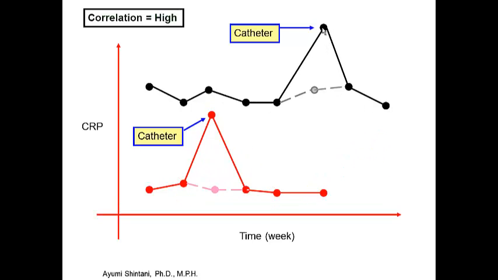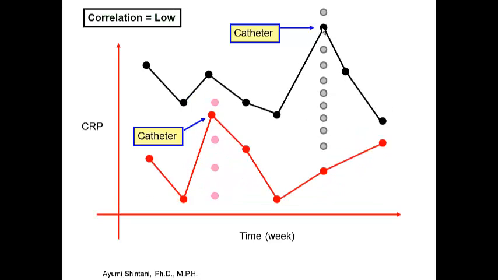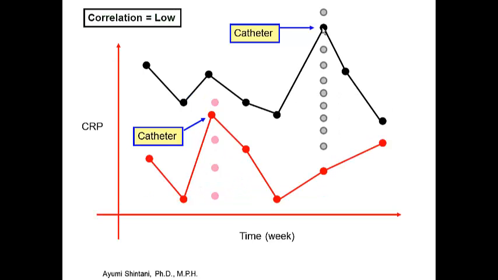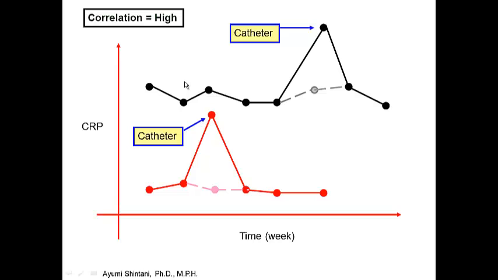But with these patients, inflammation level seems all over the place, so you can't tell whether the increase in CRP is due to the catheter. This indicates low correlation, and the other indicates high correlation. When correlation is high, that means a lot more between patient variation.